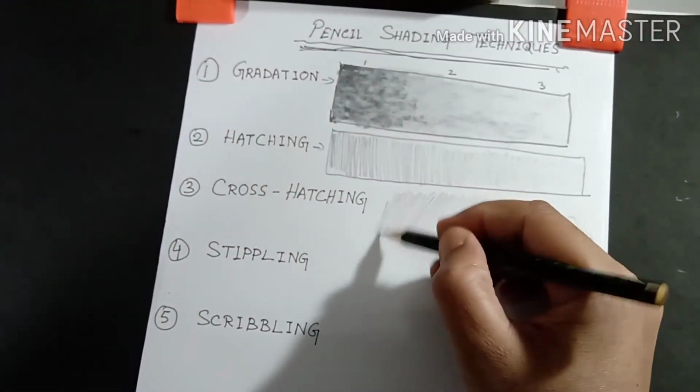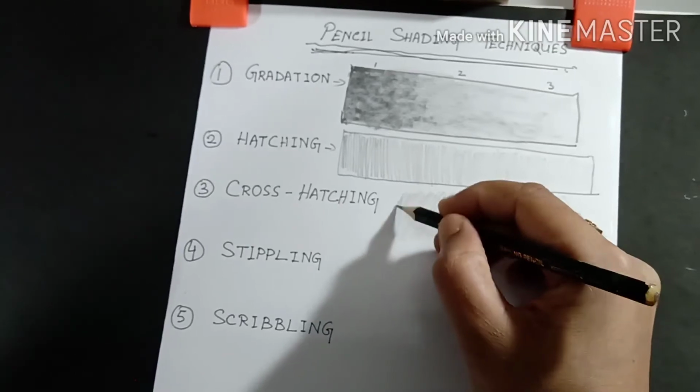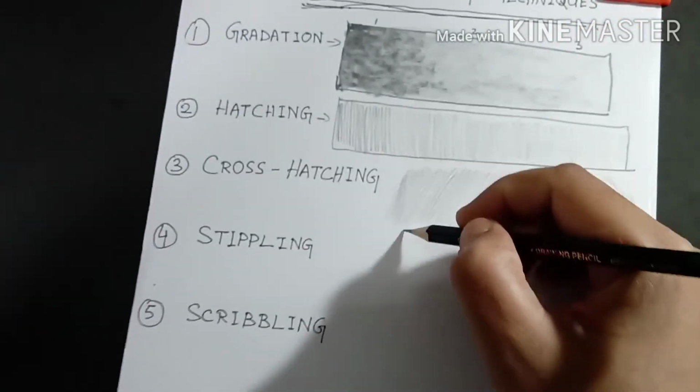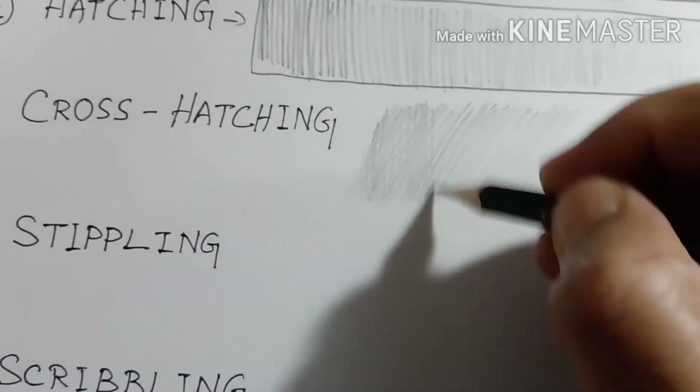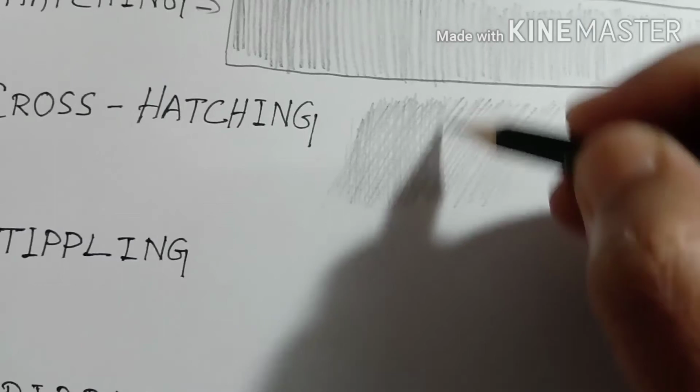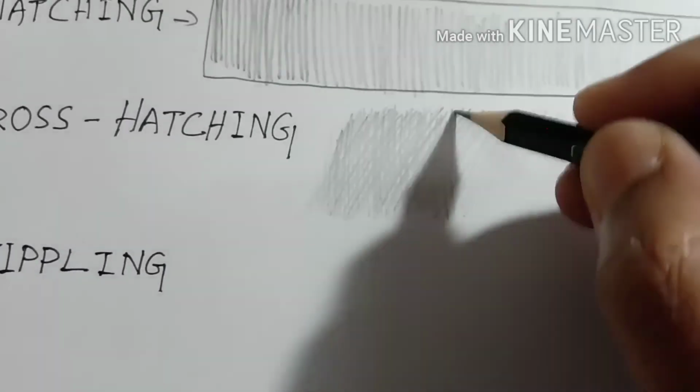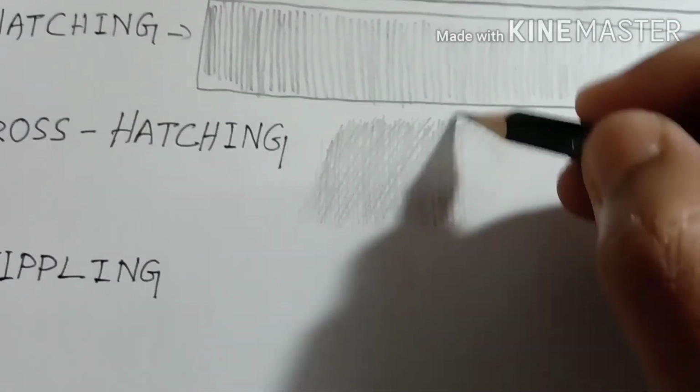Now I am going to hatch on that line like this. It is called cross hatching.